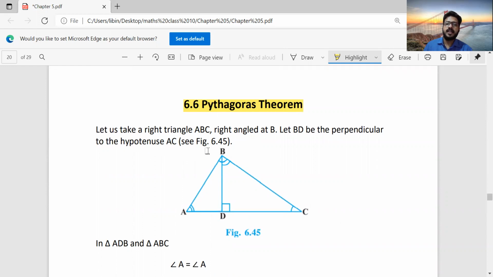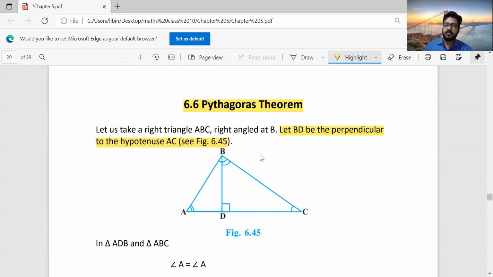Let us see. Consider a right triangle ABC, right angled at B. Let BD be a perpendicular to the hypotenuse. See, BD is a perpendicular to the hypotenuse. Now, in triangle ADB and triangle ABC, consider these two triangles.